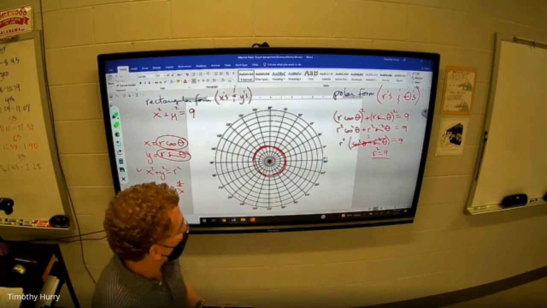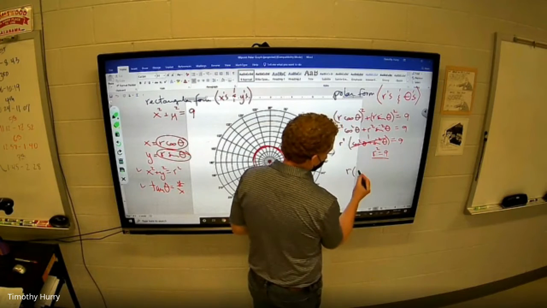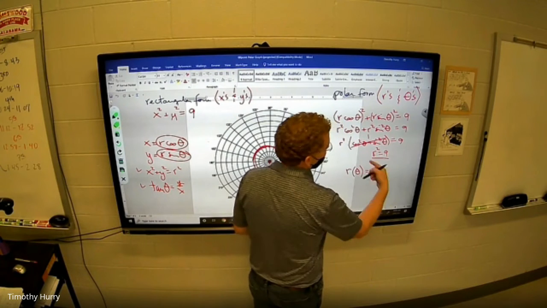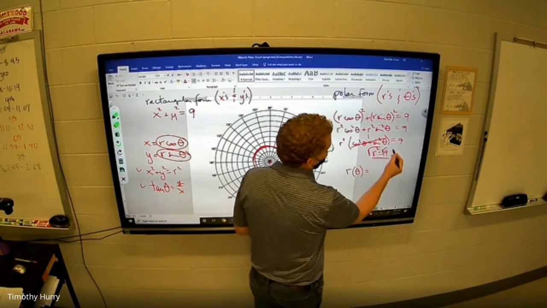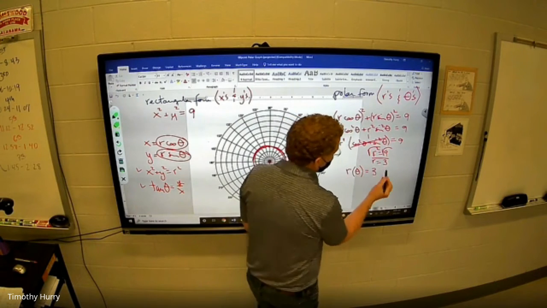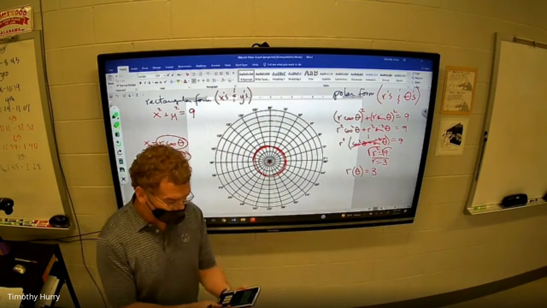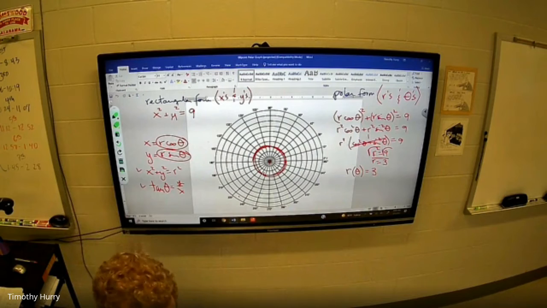So r of theta pops up, which means it's like a function mode. But basically what you're doing is you're going to graph a function in terms of theta. So right here, I would have to solve for r, and I would say r of theta is 3. If you want to, you can hit the number 3 in there and hit enter, and what do you see? There's your circle. Now, for the record, it will only graph it based on the number of degrees you want it to graph.